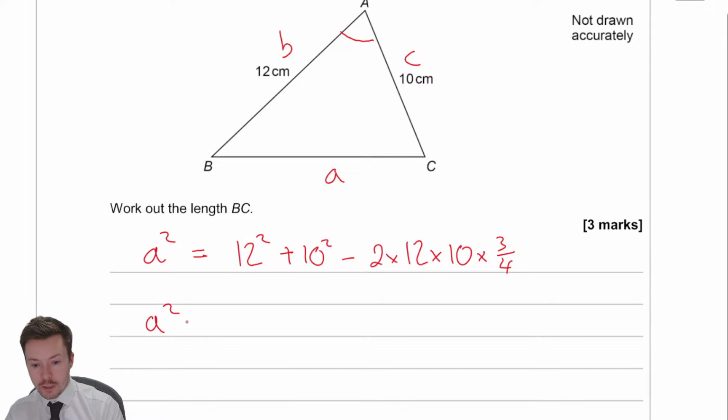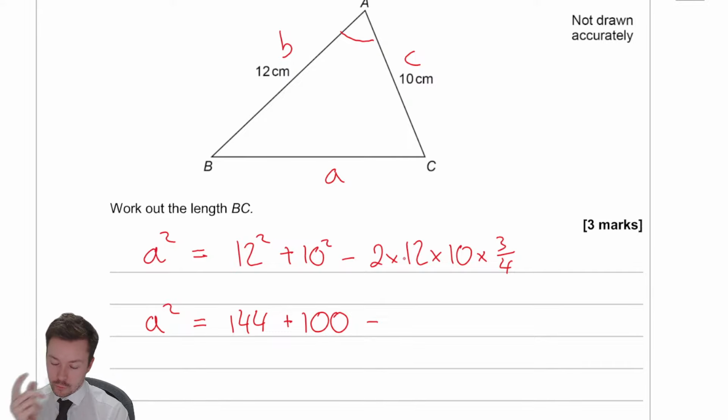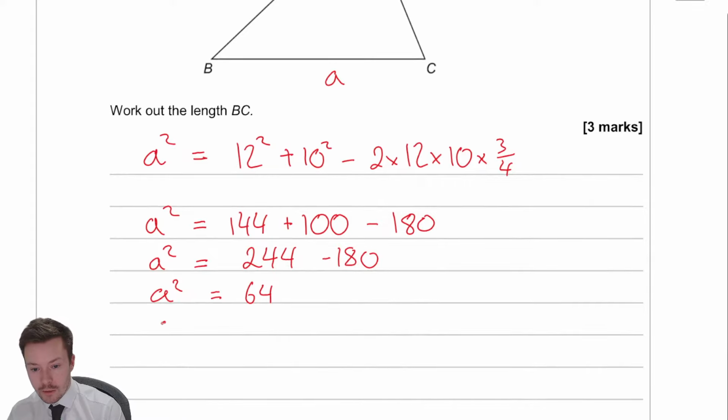So a squared is equal to 144 plus 100 minus... well, let's actually do 3/4 of 12. 12 divided by 4 is 3. 3 times 3 is 9. 9 times 2 is 18. 18 times 10 is 180. So a squared is equal to 244 minus 180. So a squared is equal to 64. So a has to be positive, so a is equal to 8.